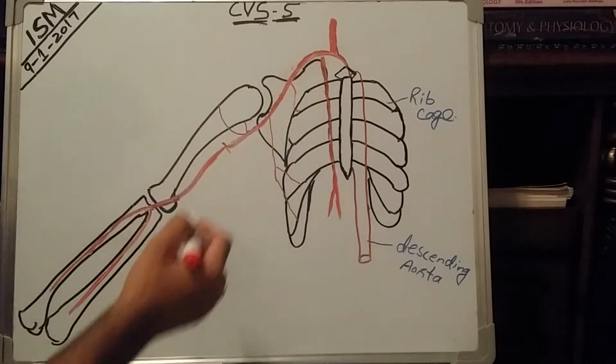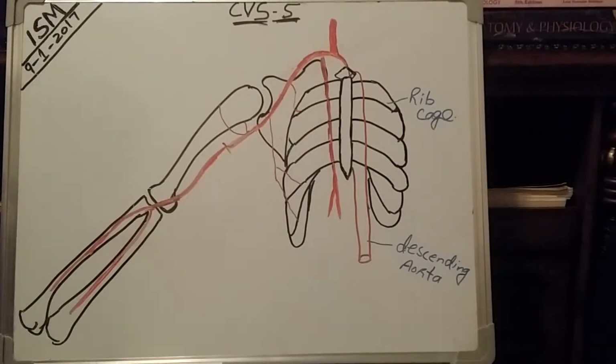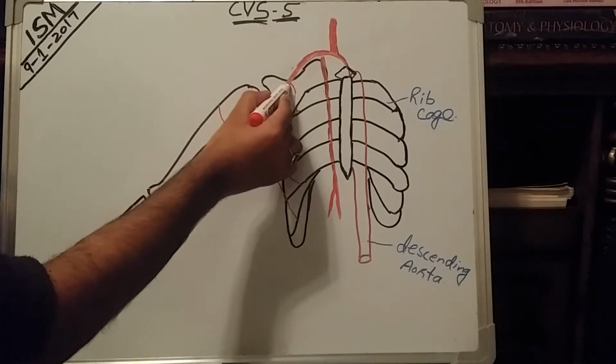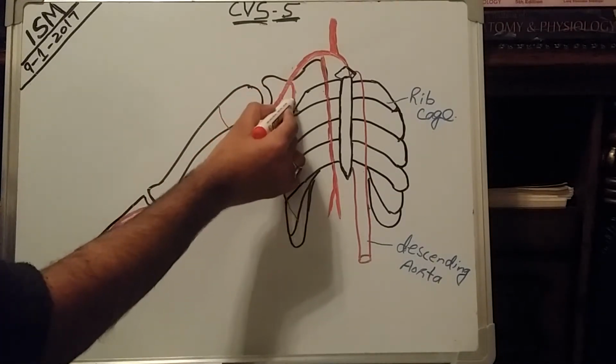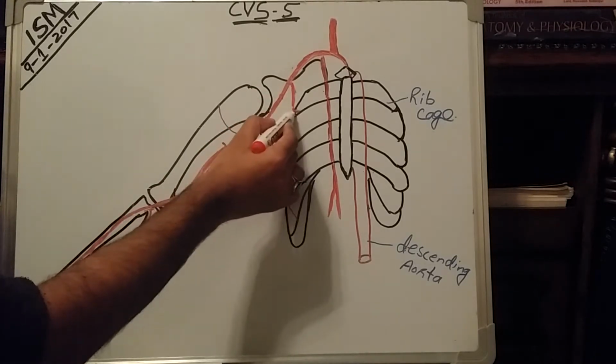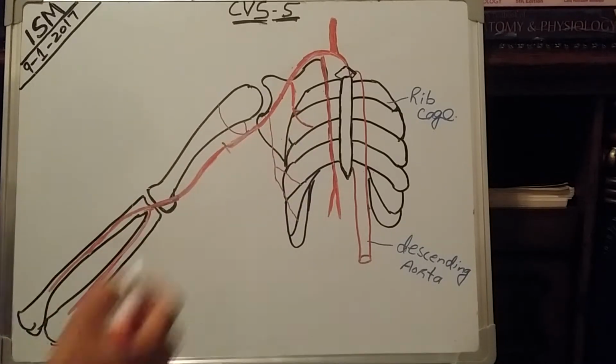This is the subclavian artery, and at the beginning position of the axillary artery, there is a branch called the superior thoracic artery, which provides blood to the superficial or upper side of the ribs.